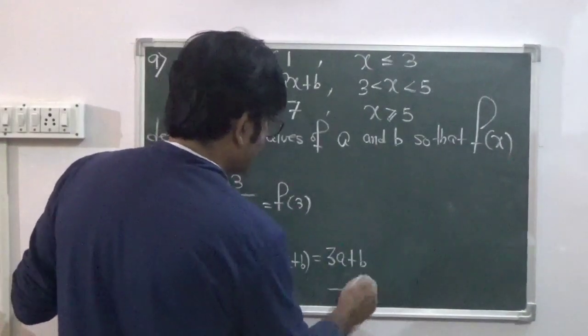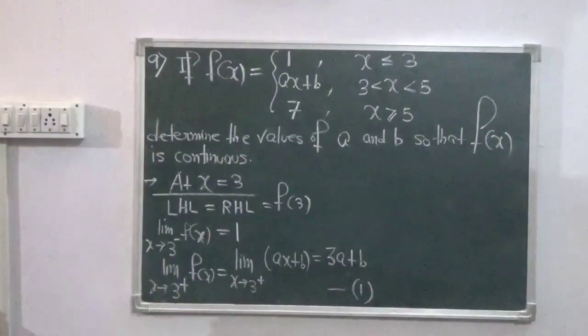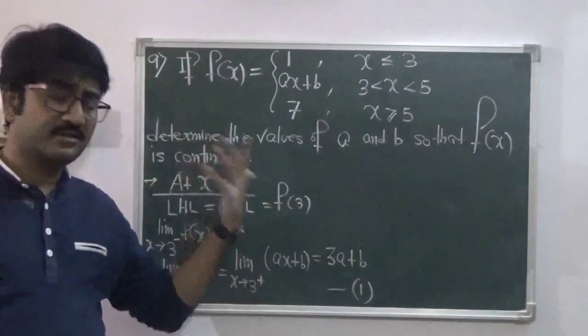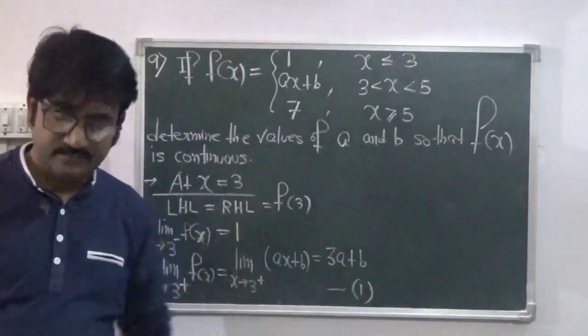Let us name it equation number 1. We can do it the same way, taking x equals 3 plus h, then h tends to 0, and we'll finally get the same result.